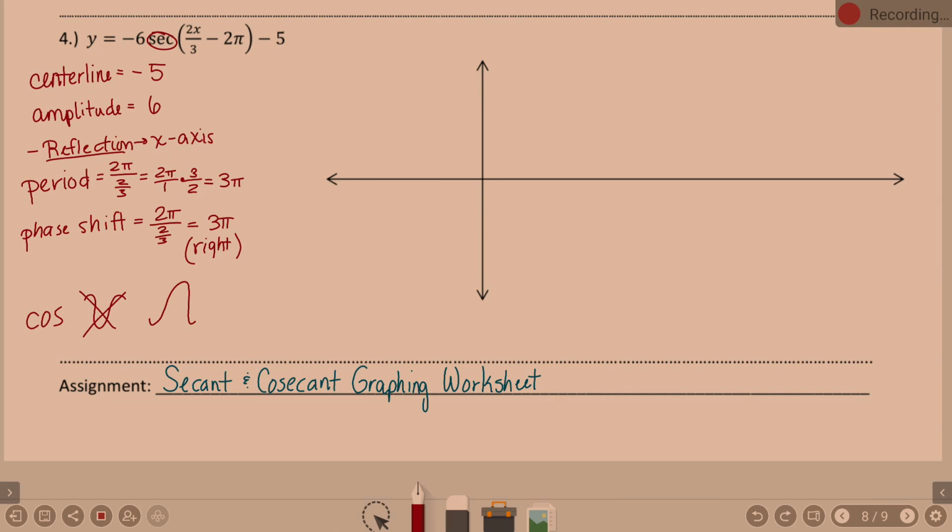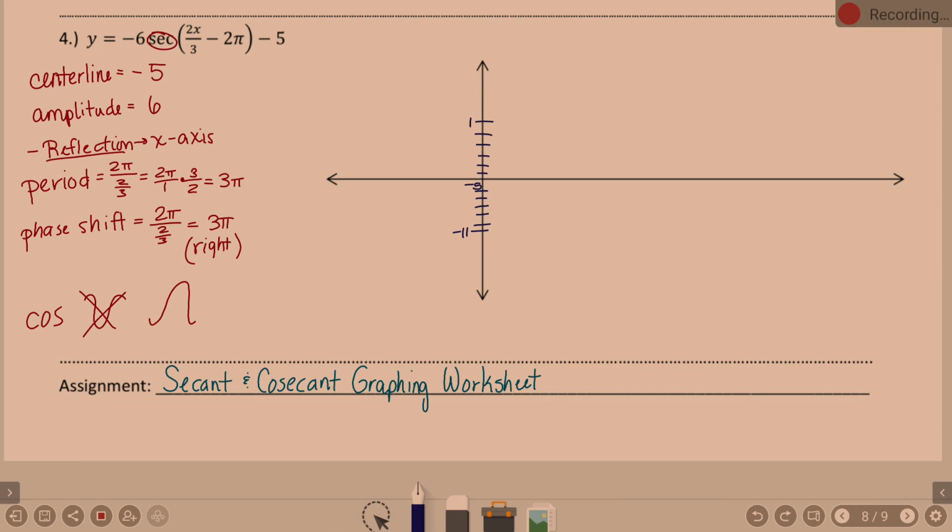Vertical axis. Center line is -5. Up 6 from -5 means I'm going to be labeling that as 1. Down 6 from -5 is -11.